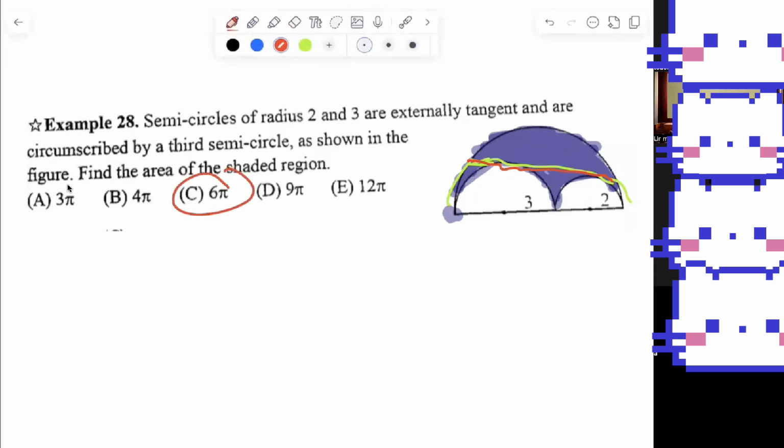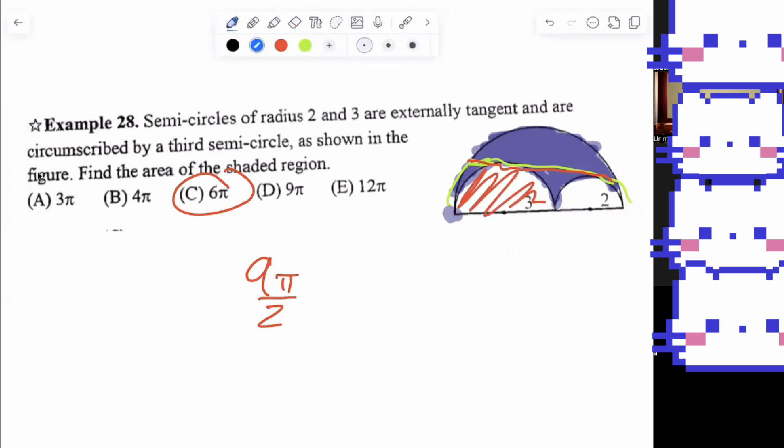If I first looked at this problem, I would say, well, let's just find the area of the semicircle. What could go wrong? The area of this semicircle is 9 pi over 2, because the area of the full circle is 9 pi and the half circle is 9 pi over 2.